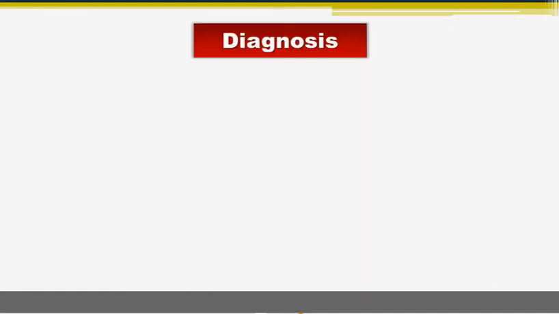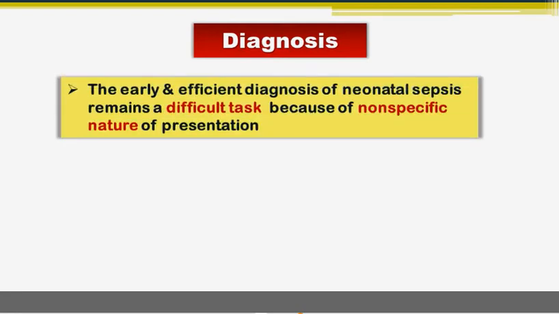Now, how do we diagnose sepsis, whether early onset or late onset sepsis? The early and efficient diagnosis of neonatal sepsis remains a difficult task. It is not simple and not easy because of the non-specific nature of presentation. So the neonatologist should have a high suspicion of suspected sepsis.